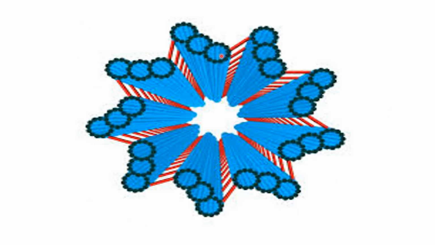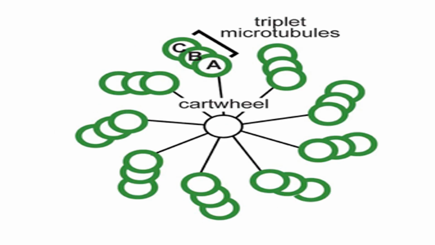As you see here, each triplet is formed of A, B, and C. A is formed of 13 protofilaments, while B and C sharing together are formed of only 10 protofilaments. Again, this is 9 triplets. Each triplet is formed of A, B, and C. A is formed of 13 protofilaments, while B and C are formed of 10 protofilaments.